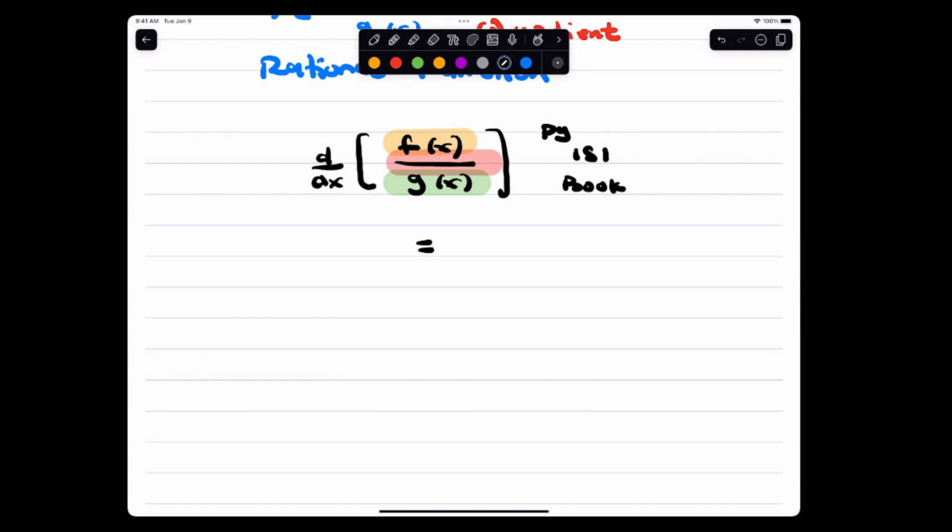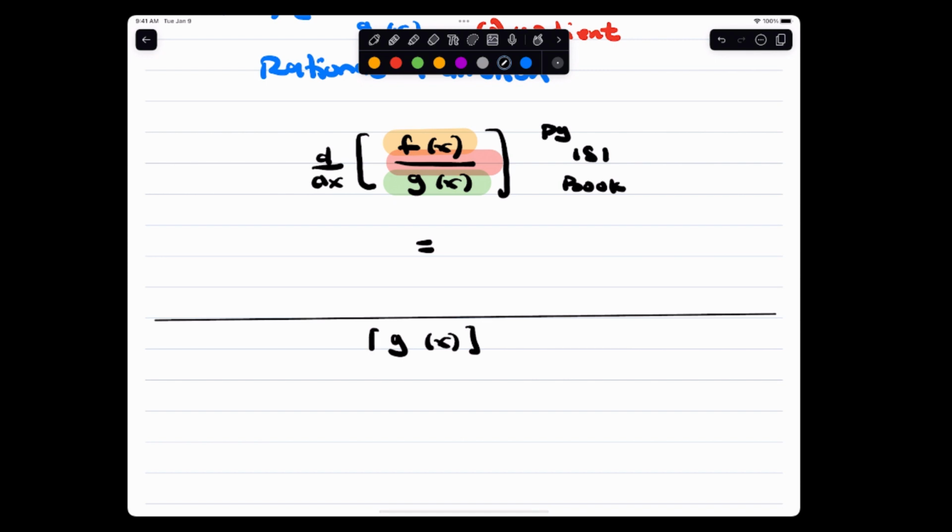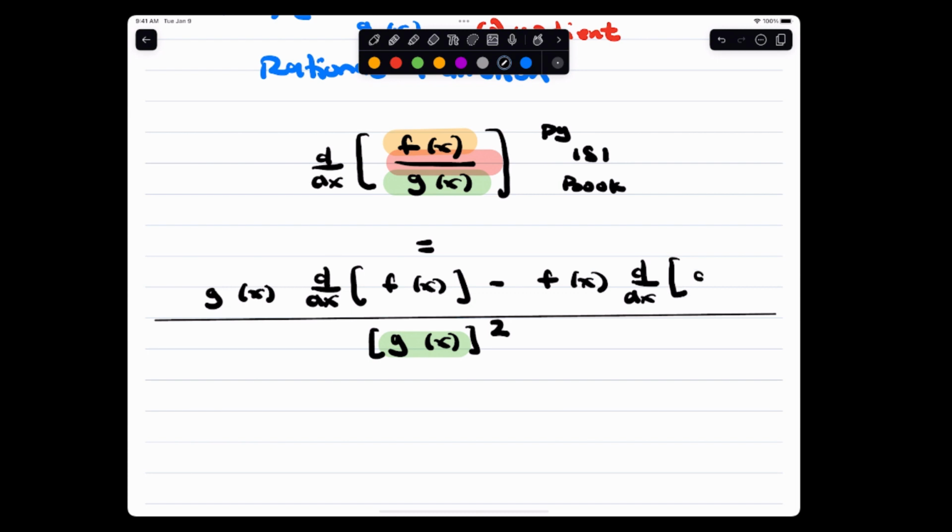That's equal to this. It's another quotient. You're going to take the denominator function, and what you're going to do is square it. So here's your g, you get to square g. Now, g of x times d dx of f of x, minus f of x times d dx of g of x.